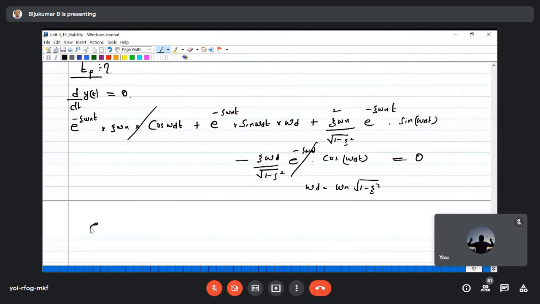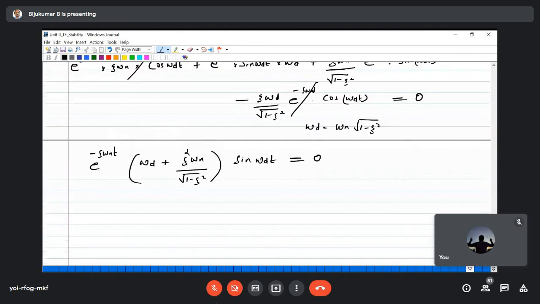Finally you will get e raised to minus zeta omega nt, omega d plus zeta square omega n by root of 1 minus zeta square, multiplied by sine omega dt is equal to 0.